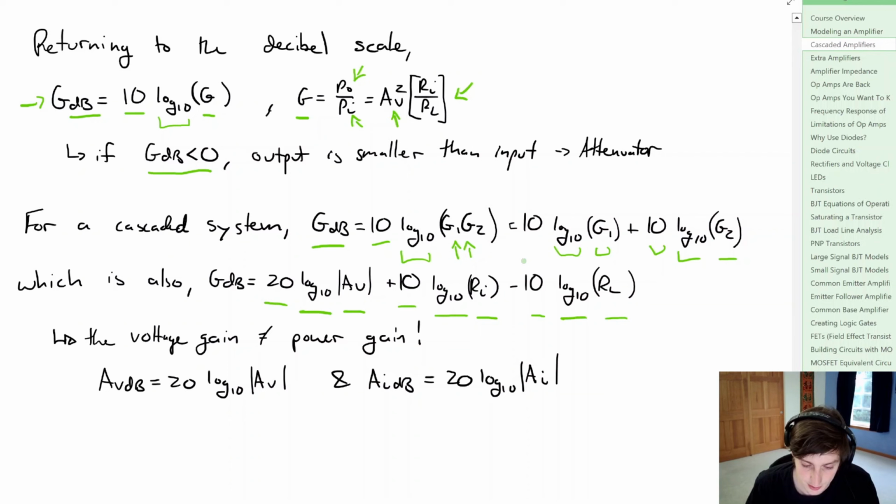So what we can see here is that in the dB gain, we do have the voltage gain in there. And we know that the voltage gain is not going to be equal to the power gain. Just keep that in mind. In the dB scale, our voltage gain, AV dB, is equal to 20 log 10 of AV, or our voltage gain, and the current gain, AI dB, is going to be equal to 20 log 10 of AI.